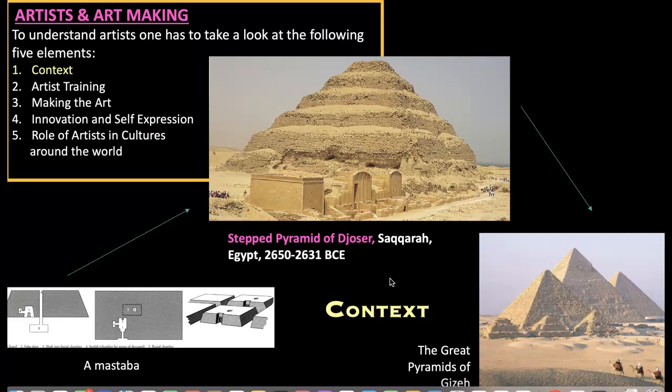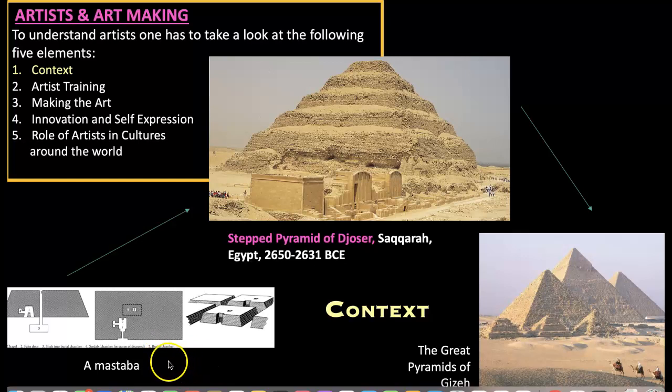But if we then pivot to the lower left, there's an even earlier context we need to consider, a precedent in the form of a mastaba. So a mastaba is the earliest form of tomb architecture associated with ancient Egypt.